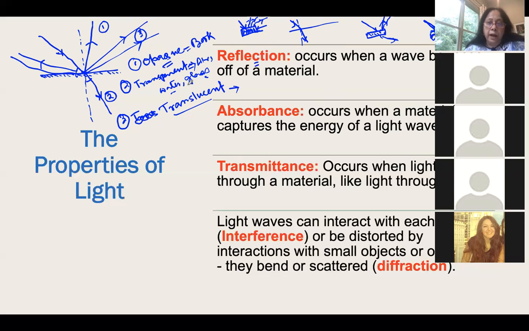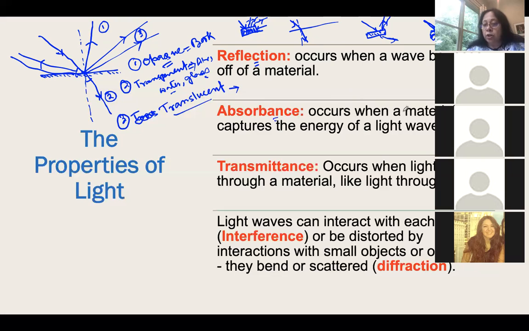Now, absorbance. As I told, the characteristic feature of opaque material is that it reflects back only a very little amount of light. Most of the light is absorbed and produces heat energy. So it was light energy and it converts into heat energy, and that's the reason the temperature of this material increases. That's the characteristic feature, and it is called absorbance.